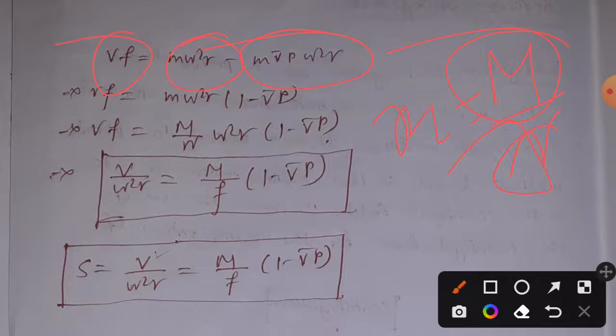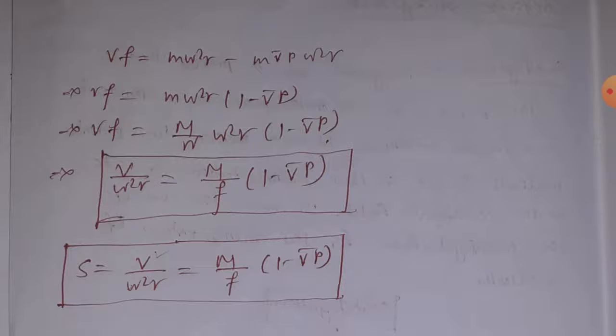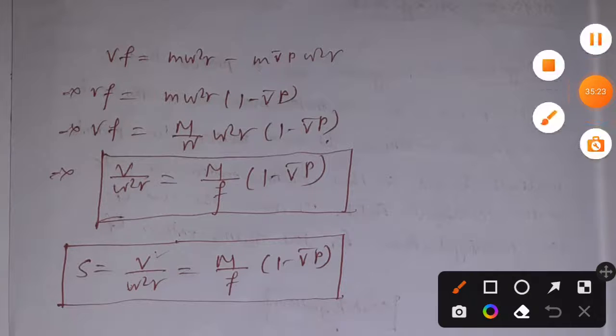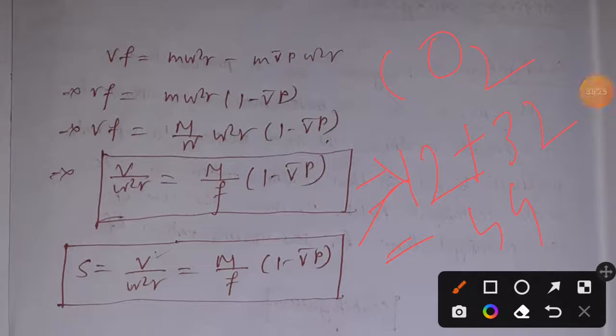So what is the difference between molecular mass and the actual mass? Molecular mass is often known as molecular weight of the solute, in gram per mole. Suppose I have written here the molecular mass, the capital M, of CO2.